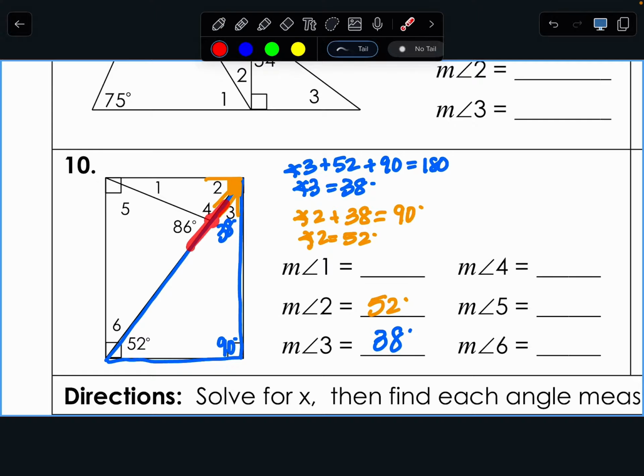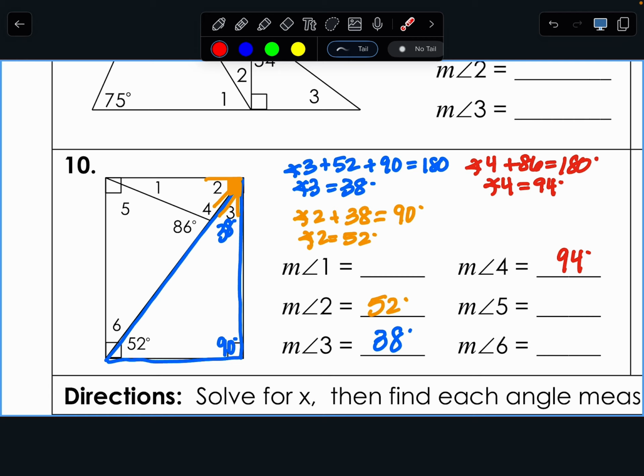What does this have to equal? 180. So then I can say that angle 4 plus 86 equals 180 degrees. So angle 4 is 94. Why is this 180? What is this? Straight line. Okay.